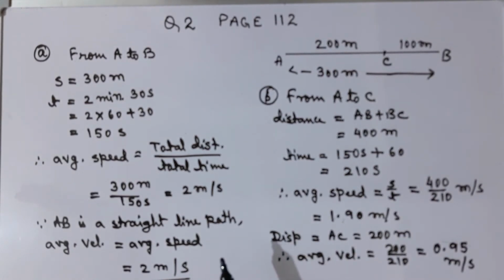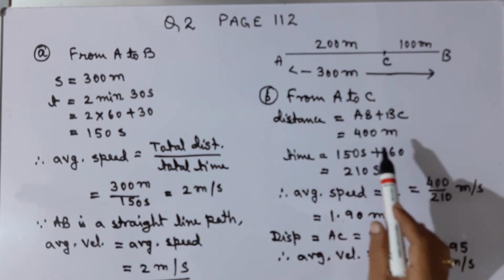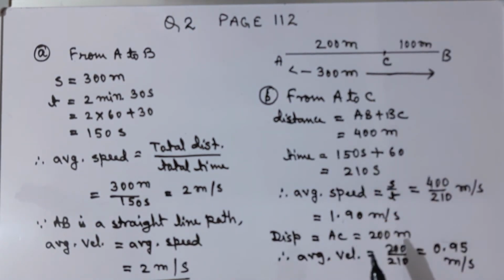So for the first part, the average velocity and average speed both are 2 meter per second. And for the second part, from the distance A to C, the distance and displacement are different. Therefore, the average speed is 1.90 meter per second, while the average velocity is 0.95 meter per second.